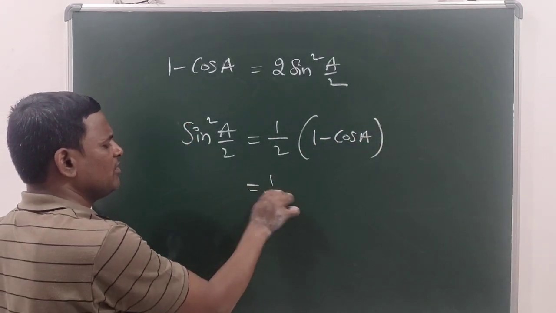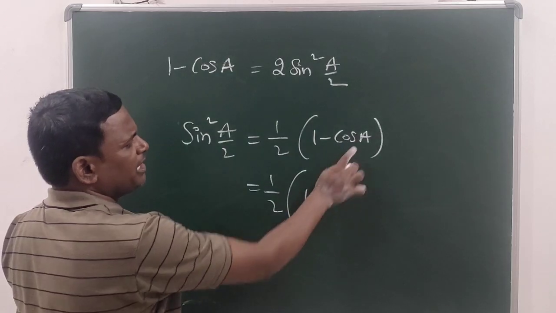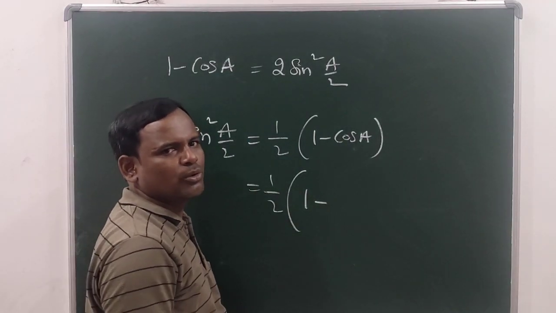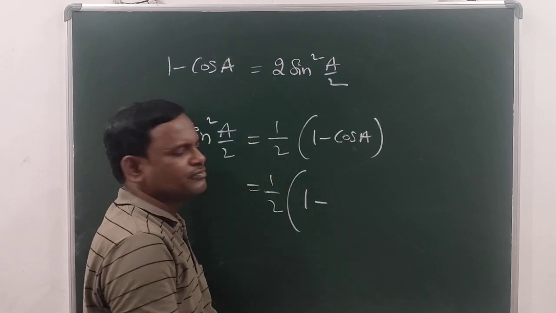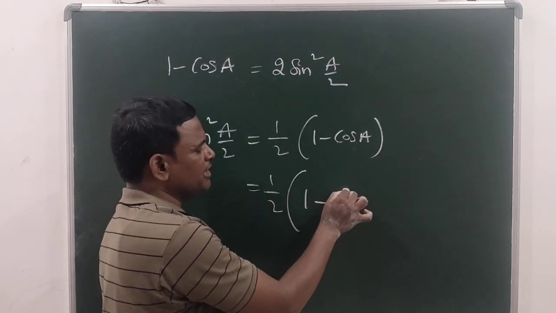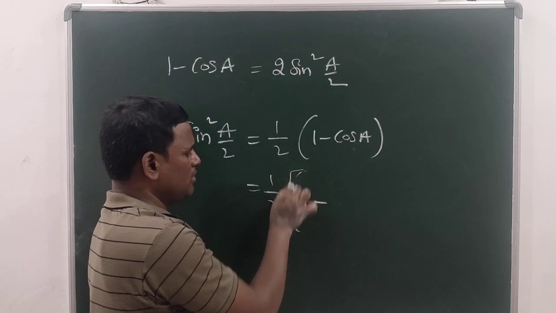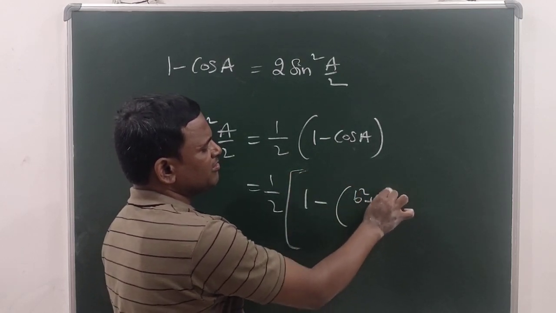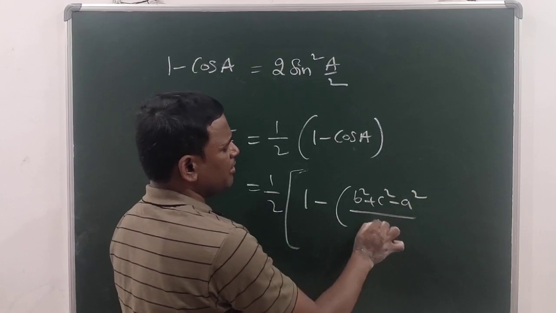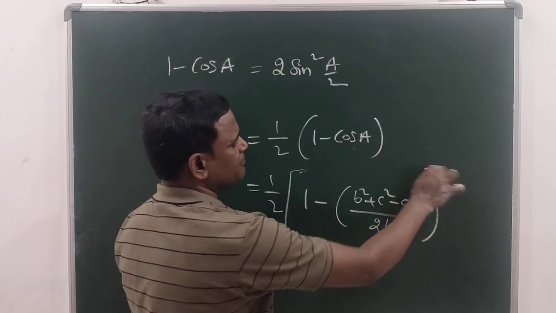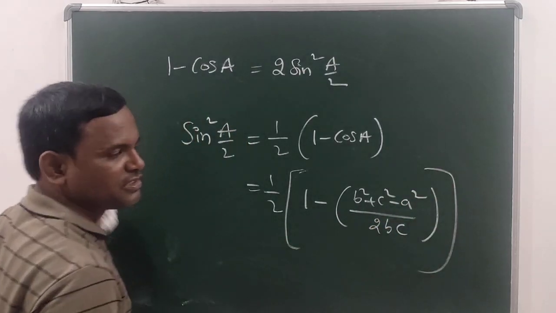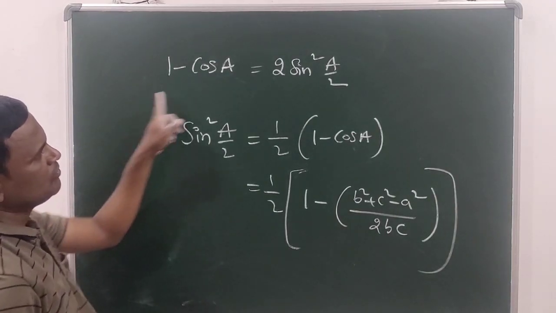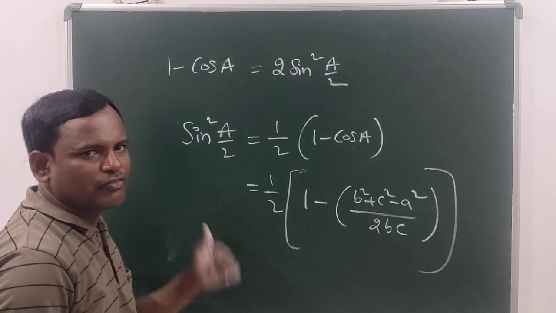So 1 minus, in the place of cos A, write that cosine rule which we have proved now. Cos A is (b square plus c square minus a square) by 2bc. Now go for simplification. Are you following me? What we are doing?